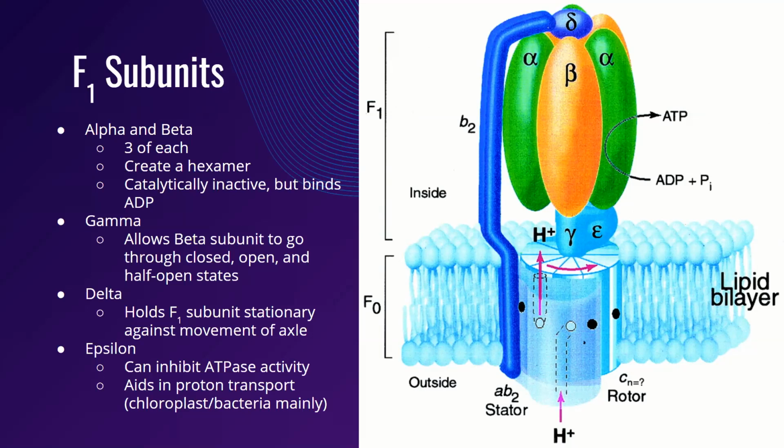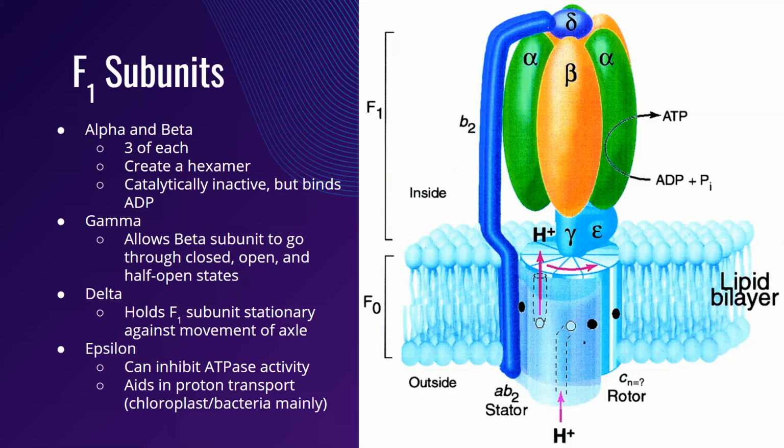There's also a delta subunit. It holds the F1 subunit stationary against movement of the axle. What you want to notice here is that it's actually kind of like a little rotor that turns. And that's the structure of the ATPase.